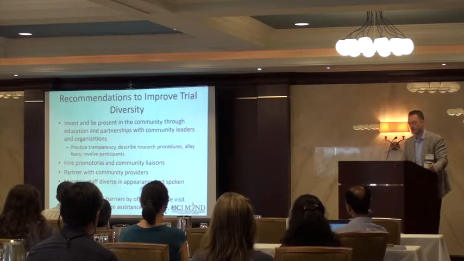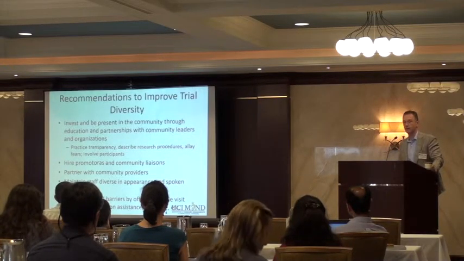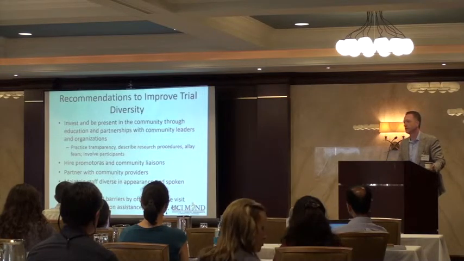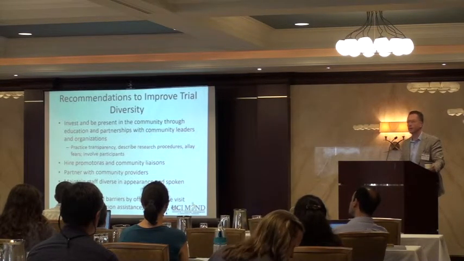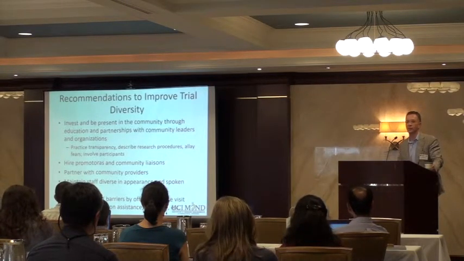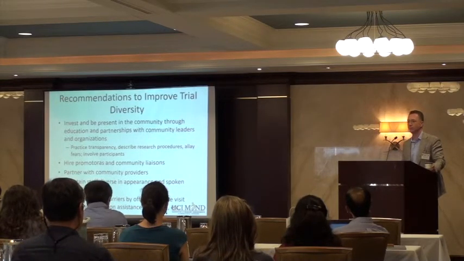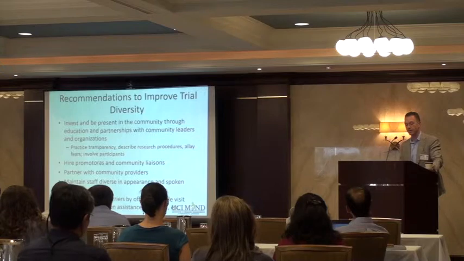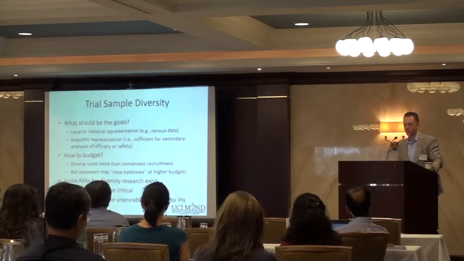And I think the things that are listed in the slide, including having a long-standing presence in the community, partnering with advocacy organizations and leadership from the community you hope to recruit, creating a network of practitioners who are seeing these patients that may not make it into your academic medical center, and doing everything you can in your trial to reduce logistical barriers to participation by these groups, all are essential.